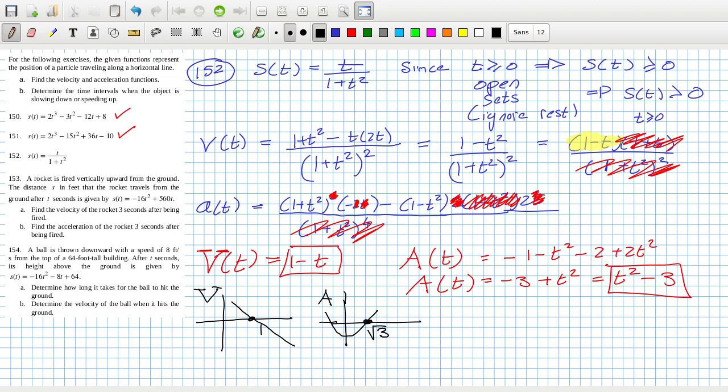This is root 3. So speeding up would be when they're both positive. So that would be when it is less than 1 and less than root 3. And root 3 is just more than 1. So between 0 and 1.